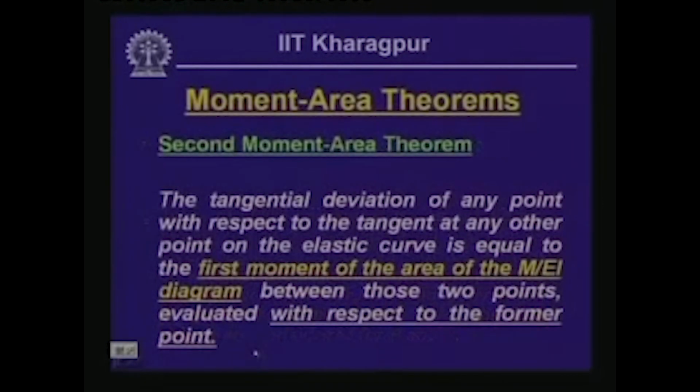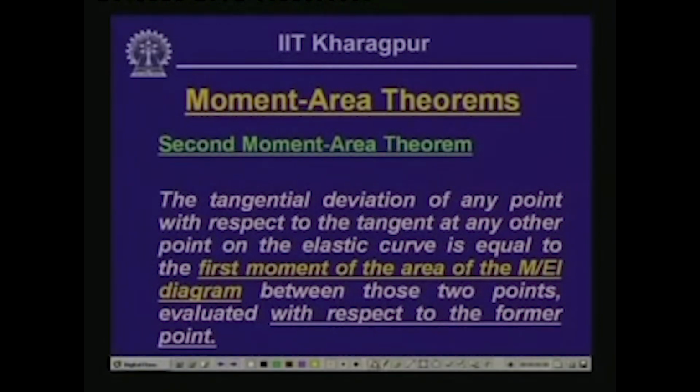Now, the second moment area theorem states that the tangential deviation of any point with respect to the tangent at any other point on the elastic curve is equal to the first moment of the area of the M by EI diagram between those 2 points, evaluated with respect to the former point.